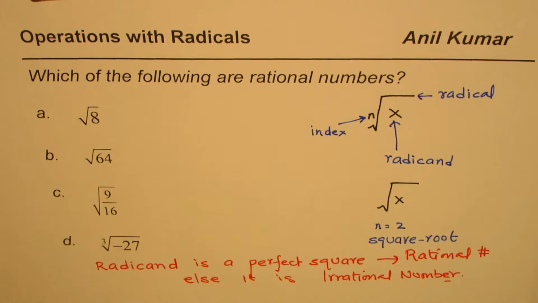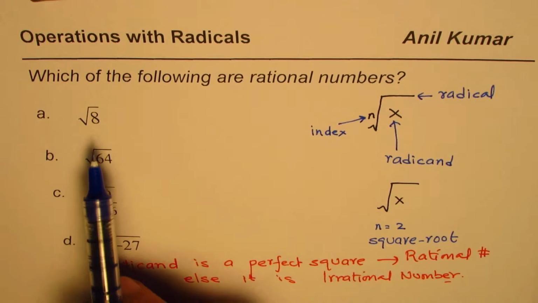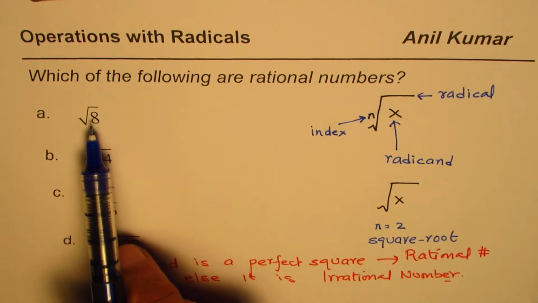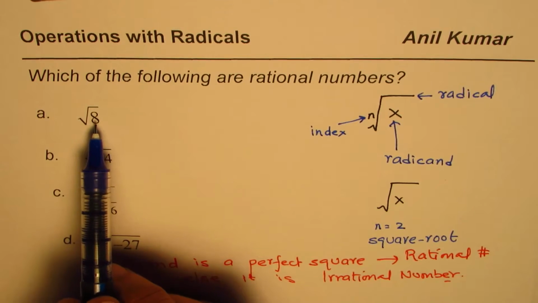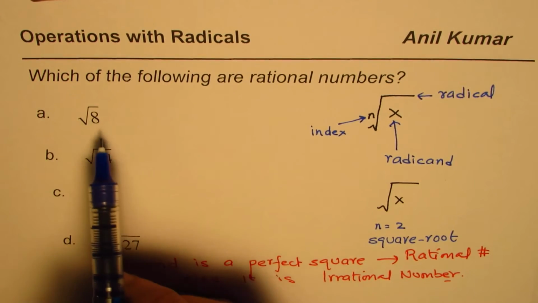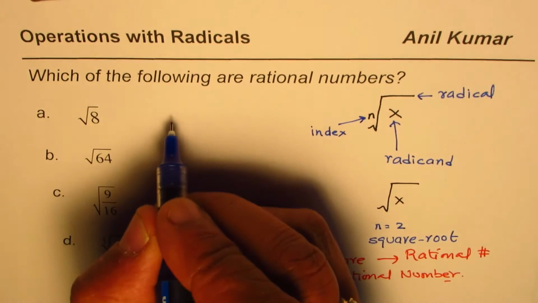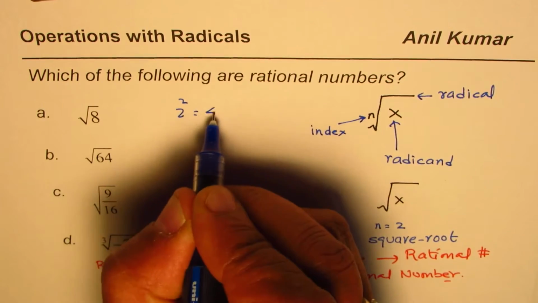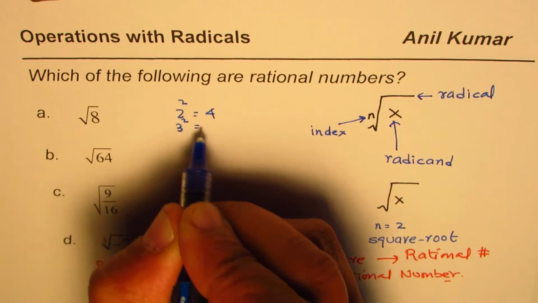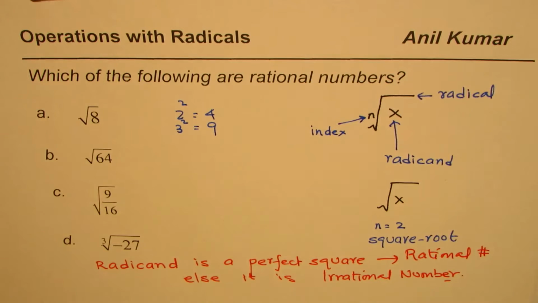Now let's begin to answer the question. The first one here is square root of 8. Now 8 is not a perfect square, correct? Since you know that 2 square is 4, 3 square is 9. So 8 is not a perfect square, and therefore this one is not a rational number.